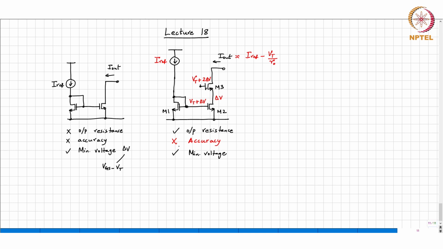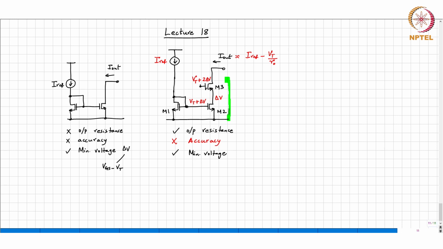Right. So the minimum voltage is, I mean, it is of course better than, but you had to expect that in order to get this high output resistance, you had to expect to pay something, and what you're paying is a loss of headroom, and that is only by delta V, and that makes sense because if you stack two transistors one above the other, remember that the minimum drain source voltage needed to keep a transistor in saturation is the minimum potential needed to keep a transistor in saturation.